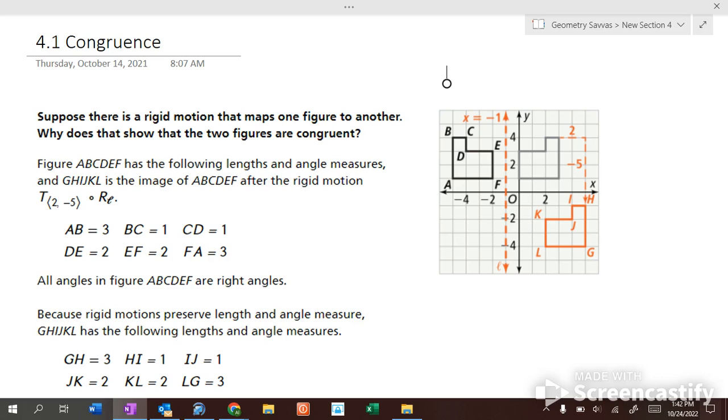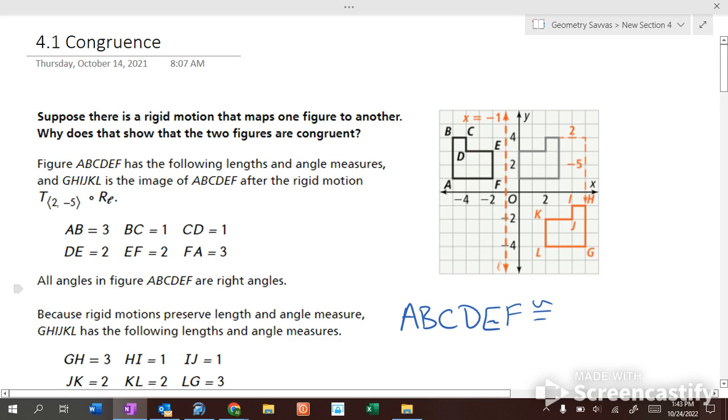So we say that figure A, B, C, D, E, F, lots of letters there, A, B, C, D, E, F is congruent to G, H, I, J, K, L. You just don't go in alphabetical order. You got to match the same parts to the same parts. Now, A starts in this part. This looks like Utah, right?